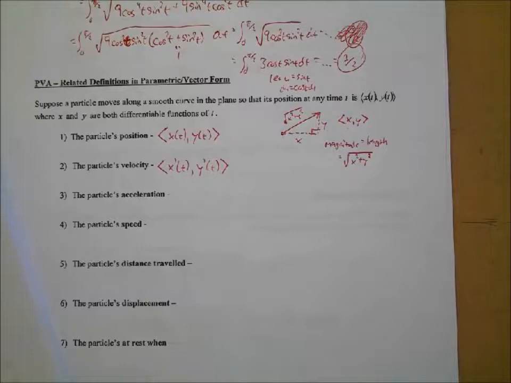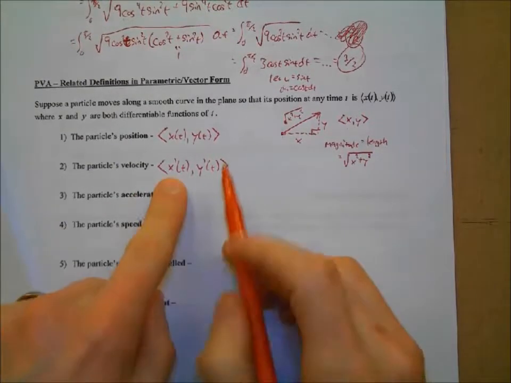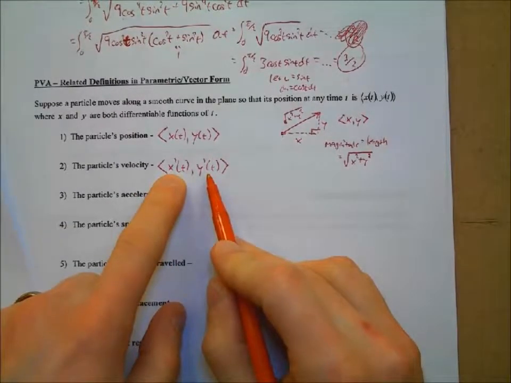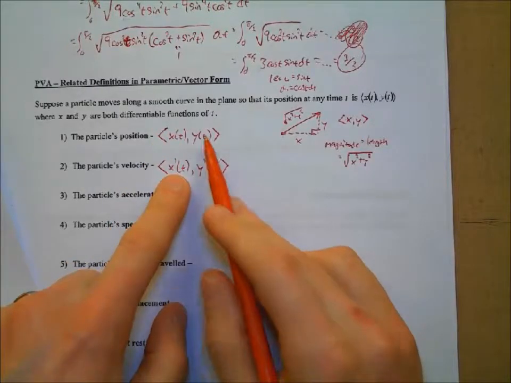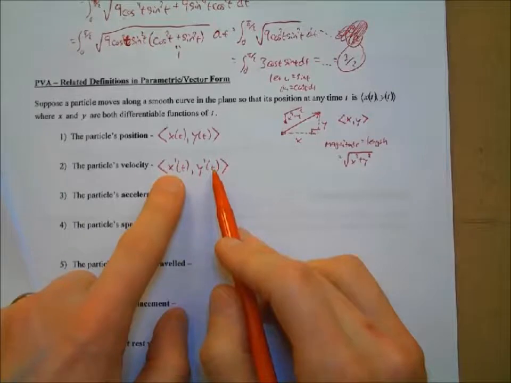It is not dy dx. dy dx is y prime divided by x prime, which would be the slope of the curve. But for the particle's velocity, we keep the x component and the y component separate. We find the rate of change of the x component and the rate of change of the y component, and we use these two values to describe the particle's velocity.